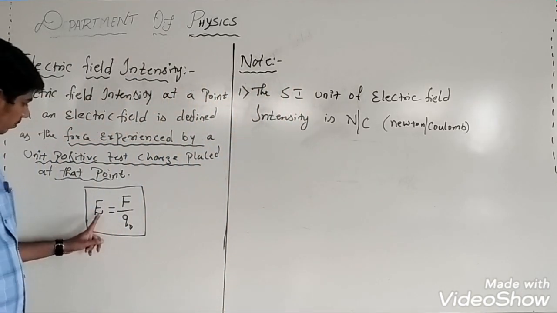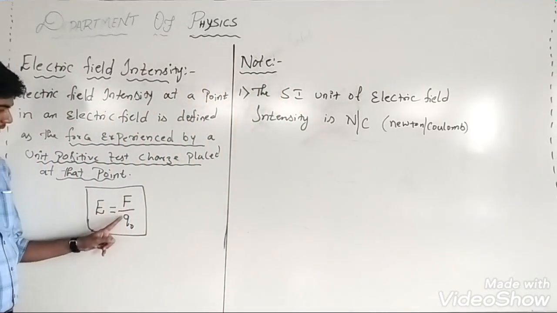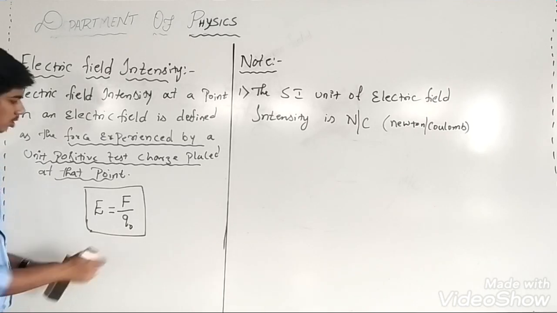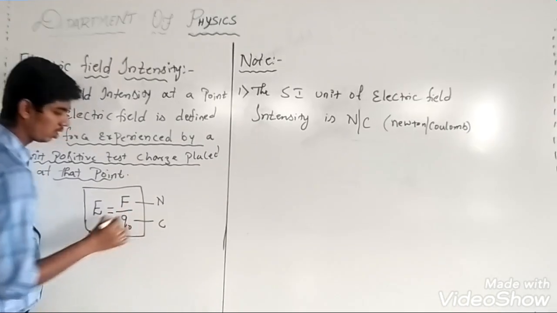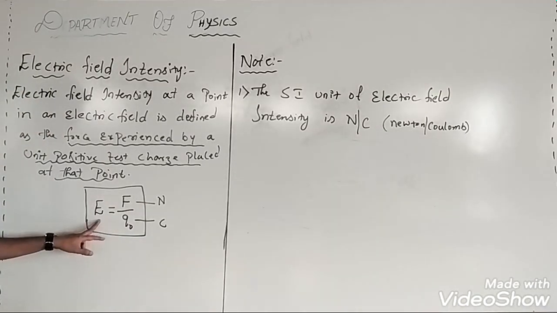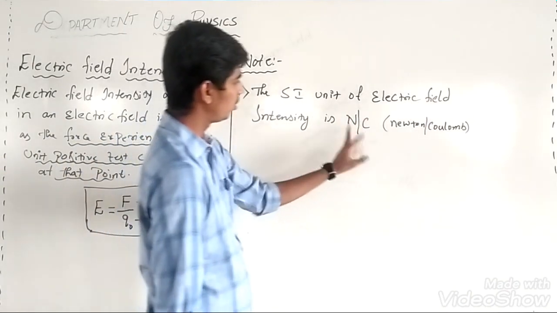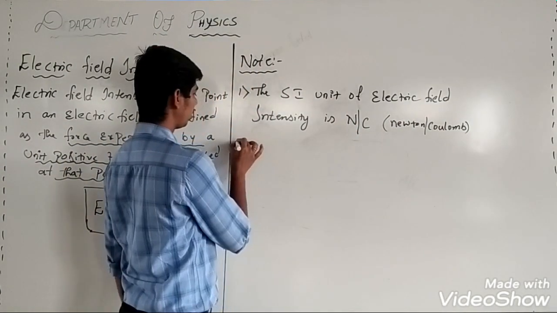See, we define electric field intensity as force experienced by unit positive test charge. We know force is measured in Newton and charge is measured in coulomb. So the SI unit of electric field intensity must be Newton per coulomb. This is the SI unit of electric field intensity.